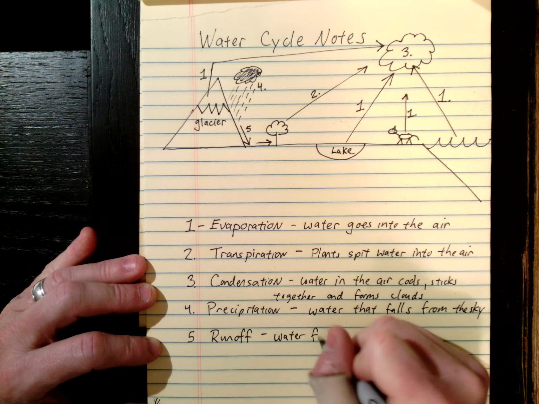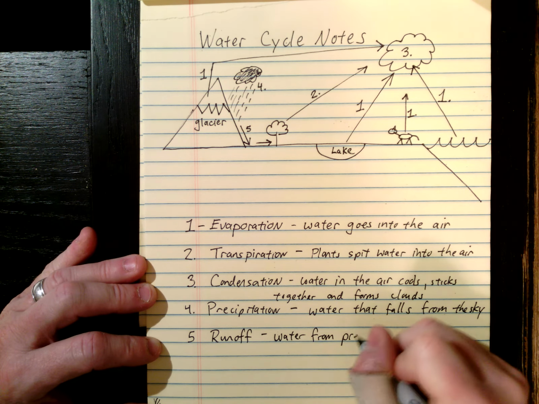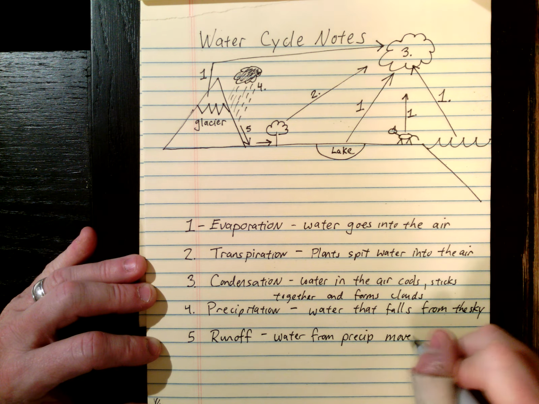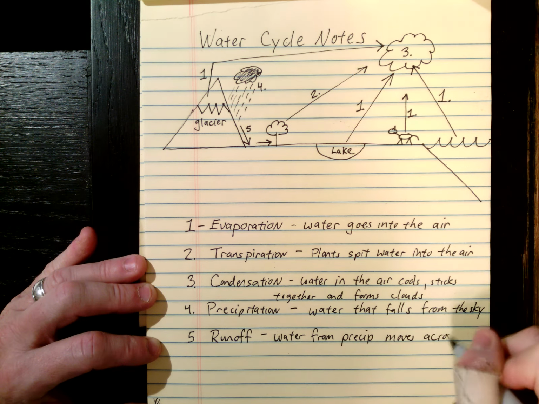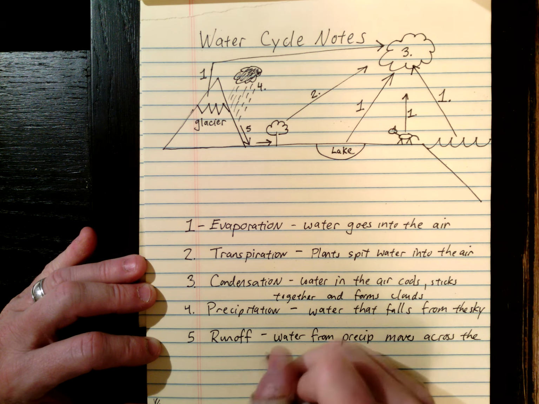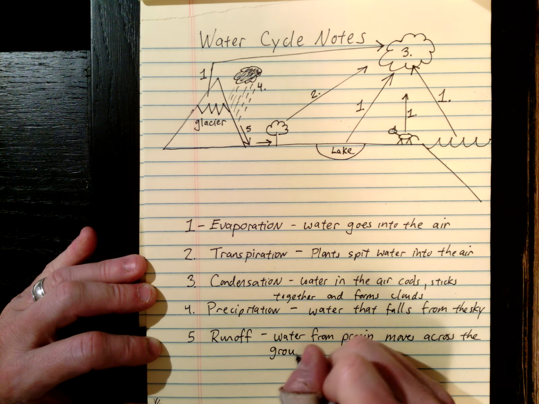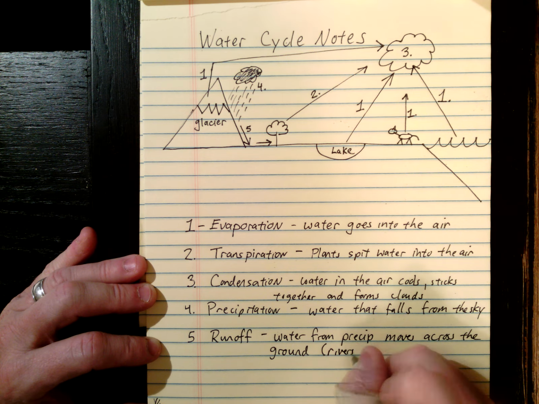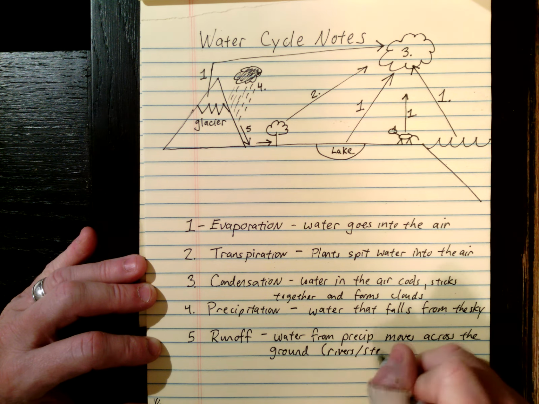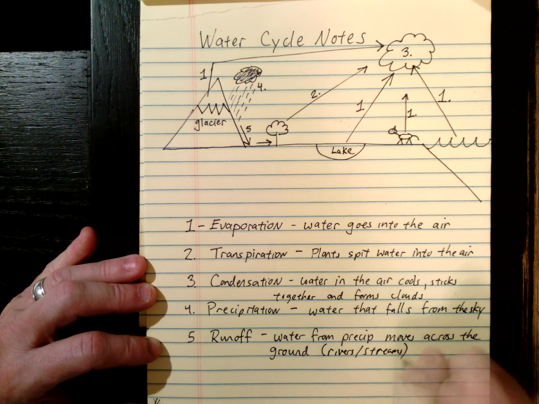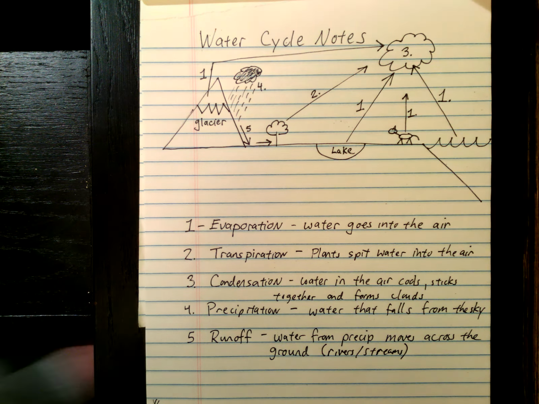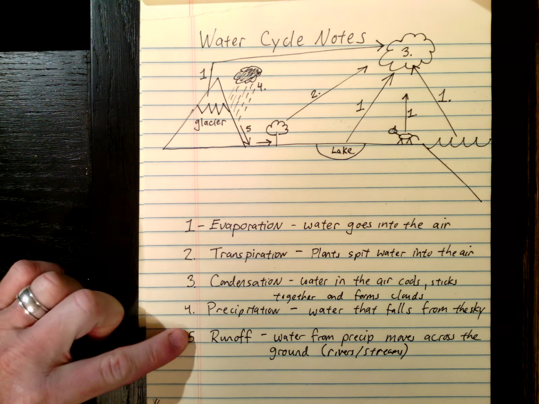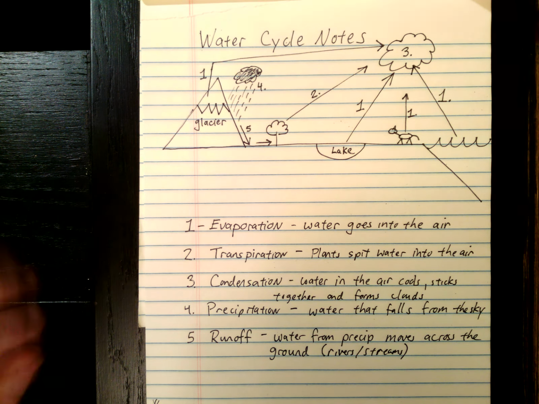That's when water from precipitation moves across the ground. That's what we typically think about when we're talking about rivers and streams. A river is just a big collection of runoff. It's water that's moving across the surface.